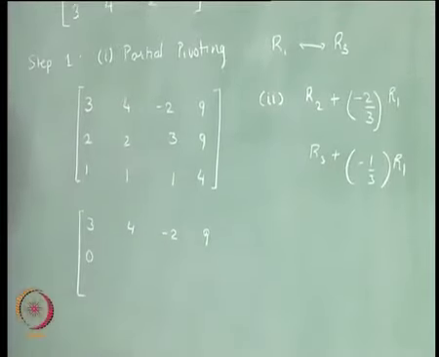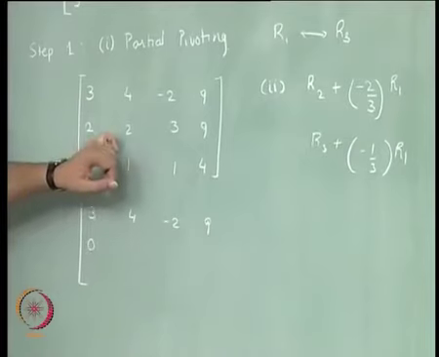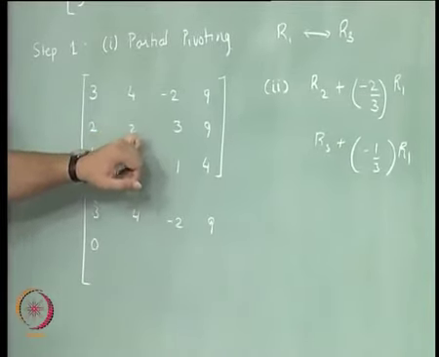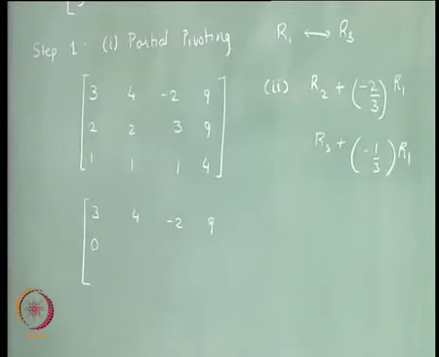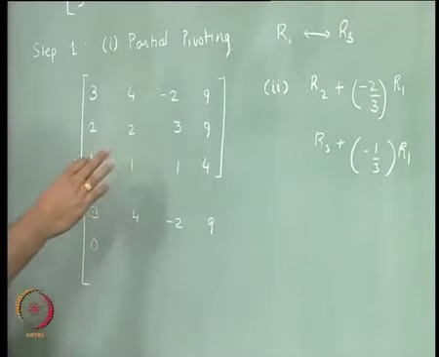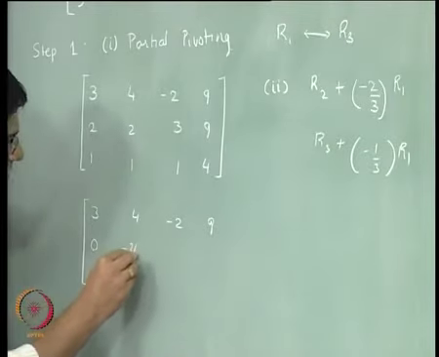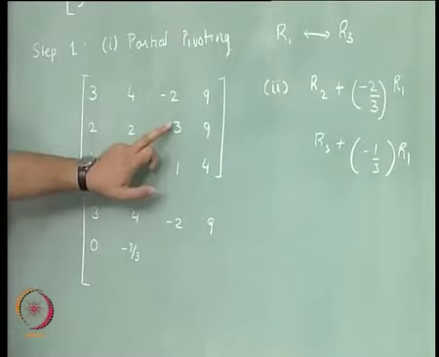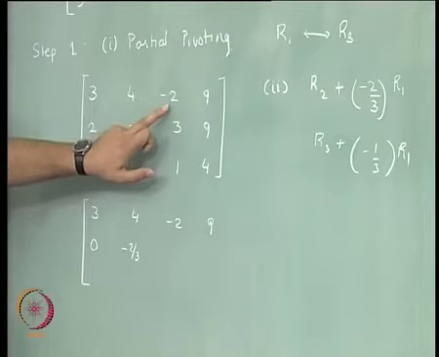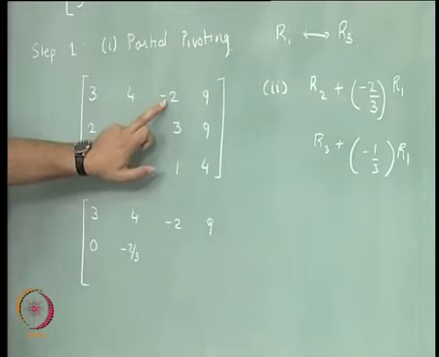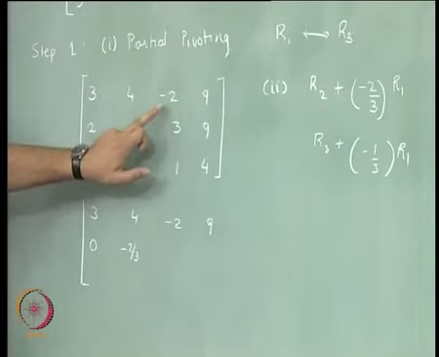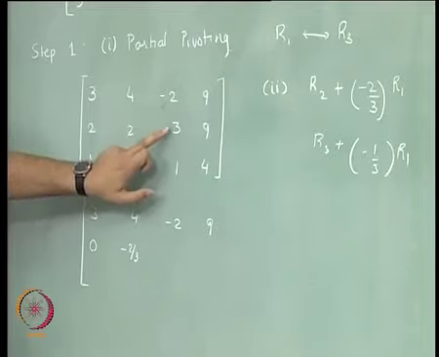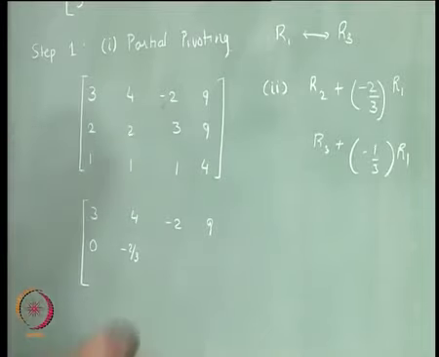So, we will do that particular operation, and this will end up in 3 4 minus 2 9, and this we will definitely get as 0, and this will be 2 minus 8 by 3. Okay, so 2 minus 8 by 3 should be minus 2 by 3, and then we will have 3 plus 4 by 3, that is 9 plus 4, 13 by 3.